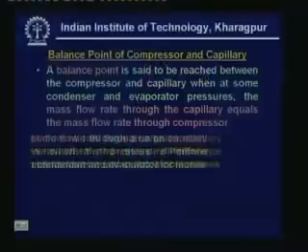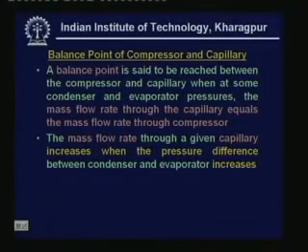So basically for selection of a capillary, a matching between capillary and compressor is important. When you say that compressor and capillary are balanced, that means the flow rate through the capillary is equal to the flow rate through the compressor. Now the mass flow rate through a given capillary increases when the pressure difference between condenser and evaporator increases.